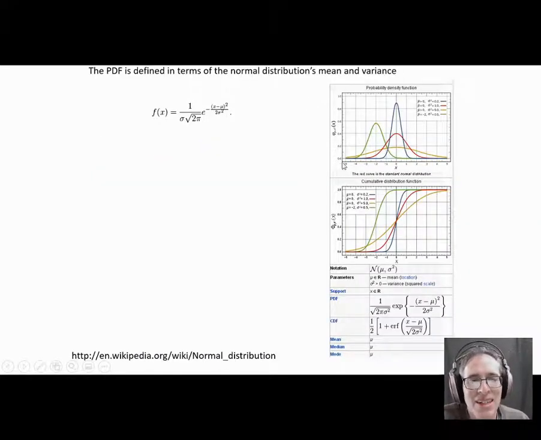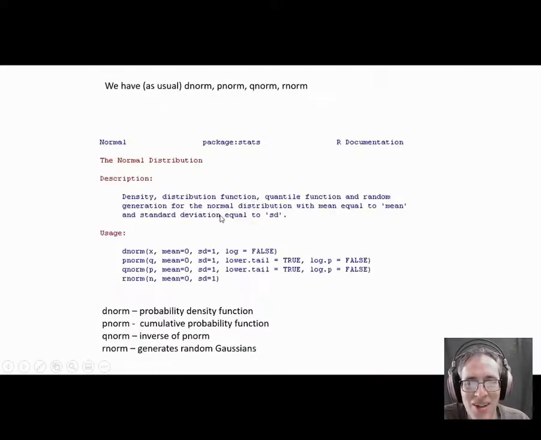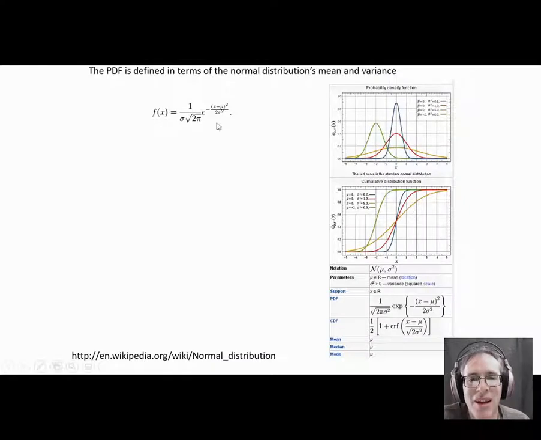So the probability density function, if you go back to the math that's described on this web page, and you take the limit of the binomial distribution, at the end of that math, you end up with this formula. This is the formula for the probability density function, right? So there's some constants here, right? So this is the standard deviation. So it's the square root of the variance. This is the variance itself, right?